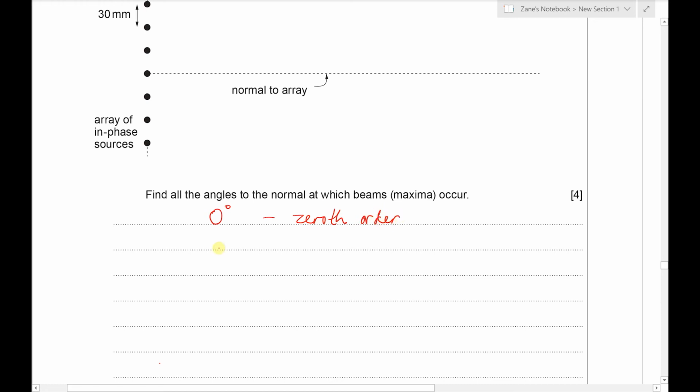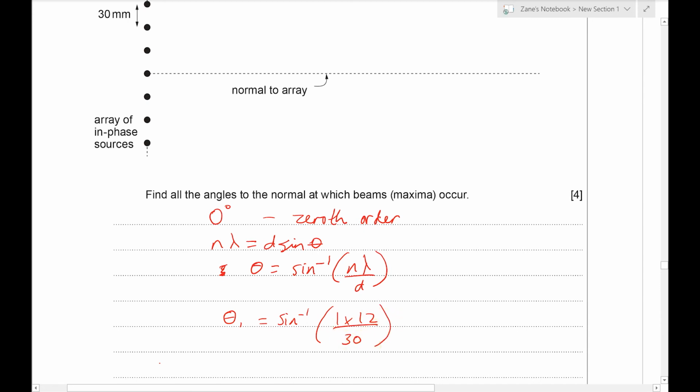Now the diffraction grating formula is n lambda is d sine theta. So if we rearrange that, we will get that theta is sine minus 1 of n lambda over d. So the first order beam will be found at an angle of sine to minus 1 of first order, so 1, wavelength of 12, separation of the slits effectively 30.